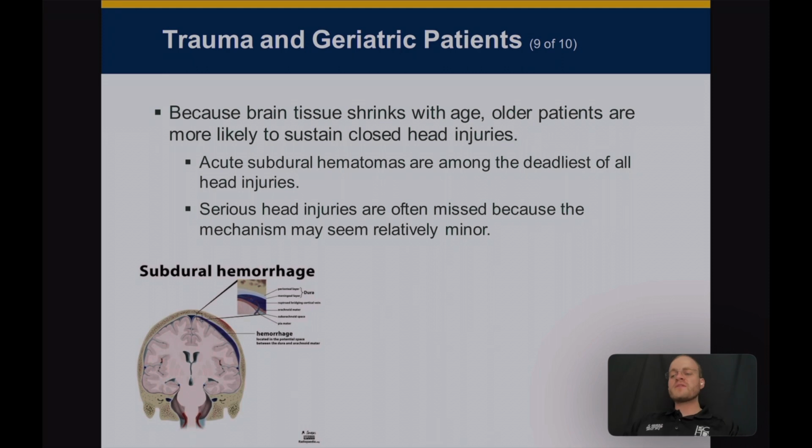And so we have to be very mindful of the older patient who's taking blood thinners of any kind and any type of trauma, especially head trauma. So I'll say that again. A patient who is old, who has hit their head, who is taking blood thinners, that is a level 1 trauma patient. That is a very, very sick patient. Even if they don't have major symptoms immediately, they need a very thorough workup. You have to worry about brain bleeding, a subdural hematoma.